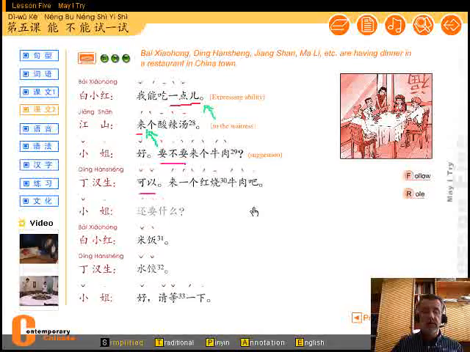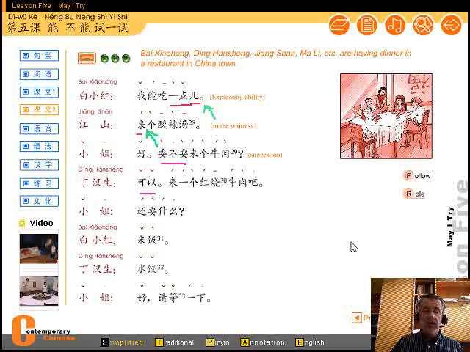还要什么？ So here's another example of the use of this new word 还. So it's asking, in addition, what else do you want?